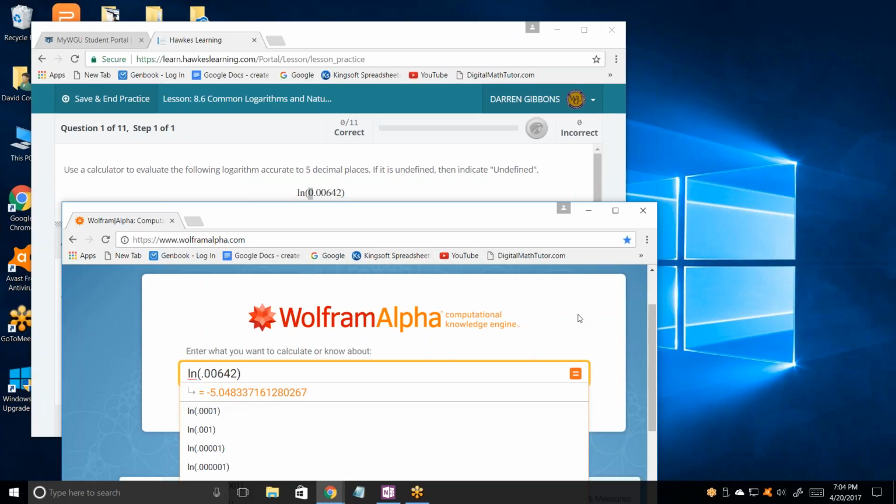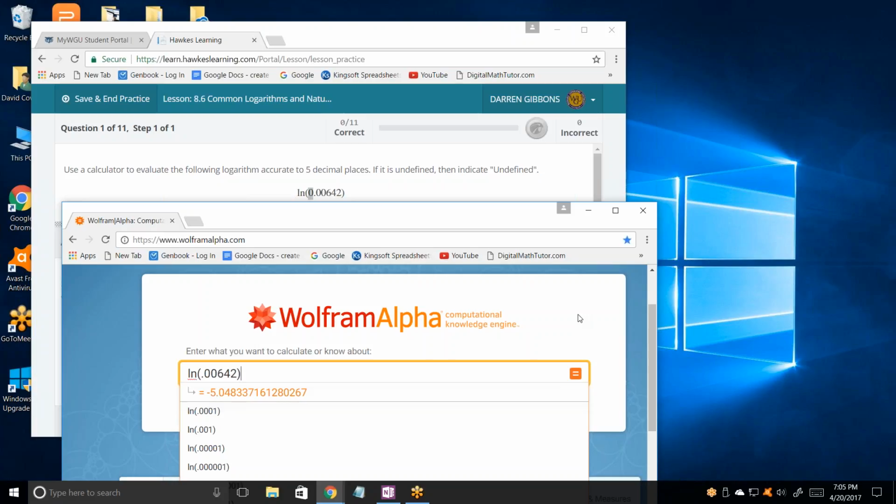So I have a log button on my calculator, but it's coming up as... Okay, the log button you have on your calculator is probably common log, base 10. It has to specifically say natural log, in other words, ln. Oh, ln, okay. You probably have an ln key also on there. Yeah, I do.